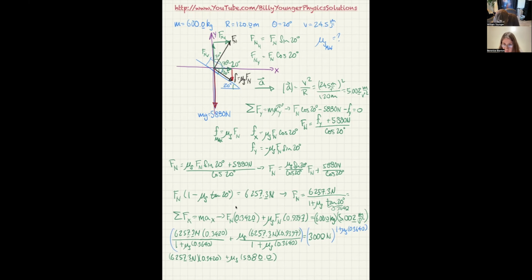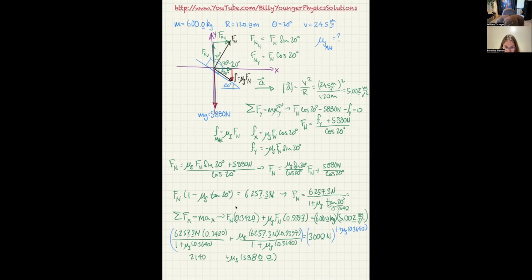I'm going to erase that first term that's being multiplied, you see the two factors, and just put what that answer is. So instead of writing 6257.3 times 0.3420, I'm just going to replace that with the number 2140. Do you understand what I did there?